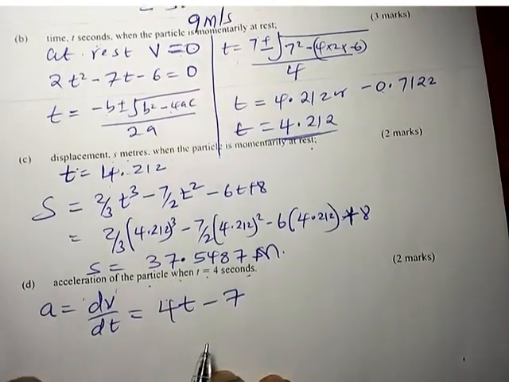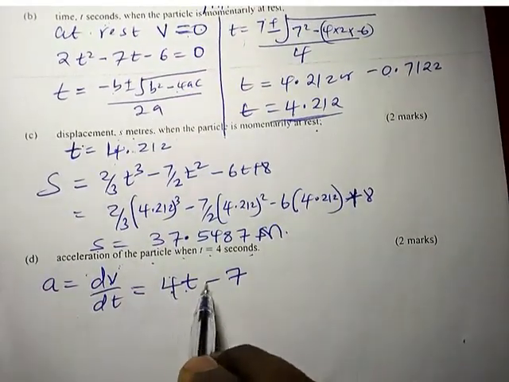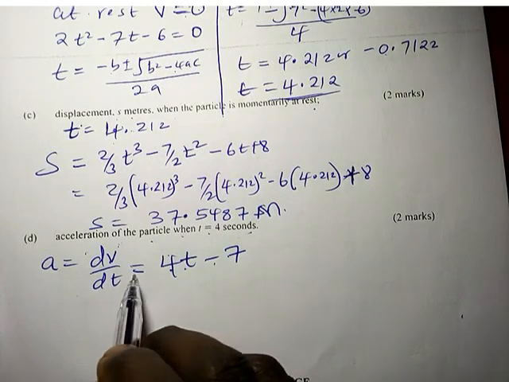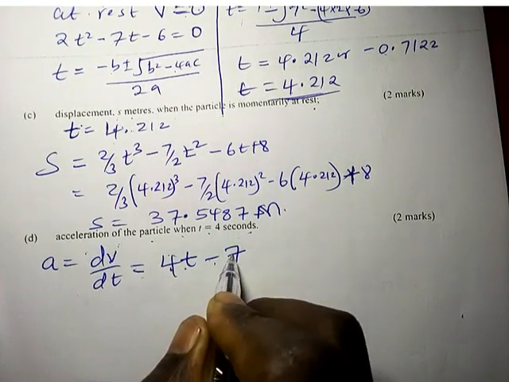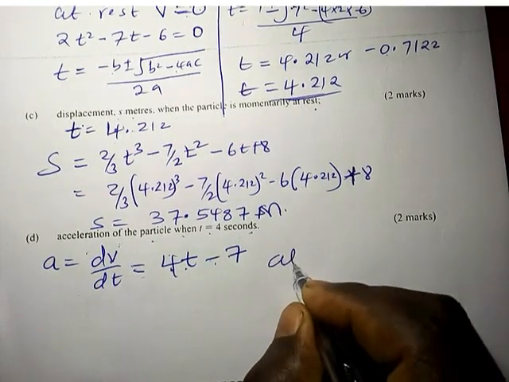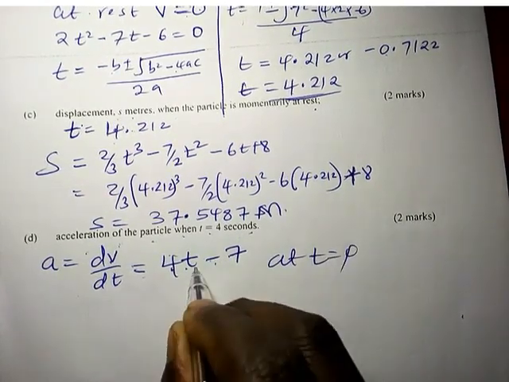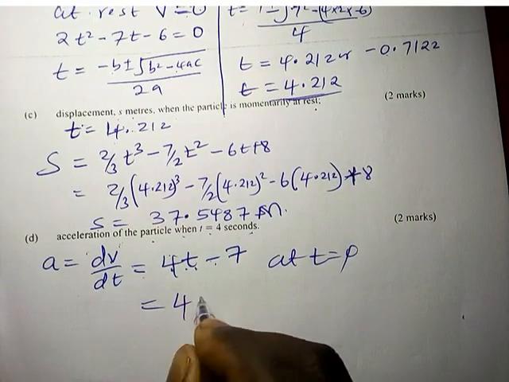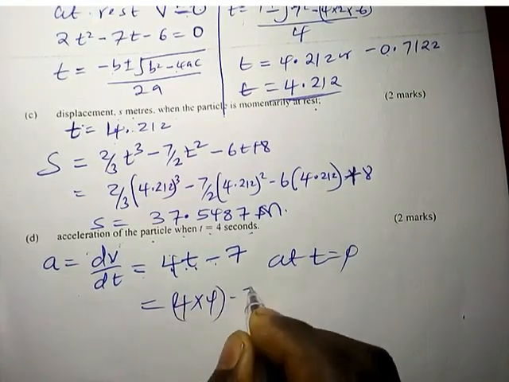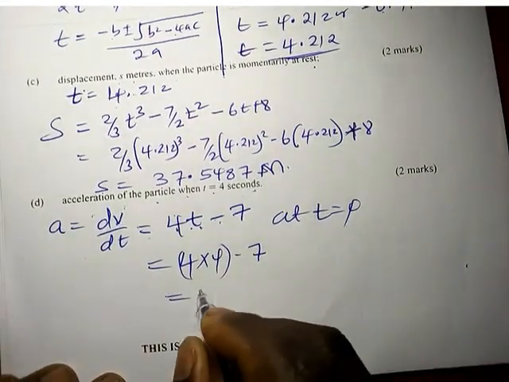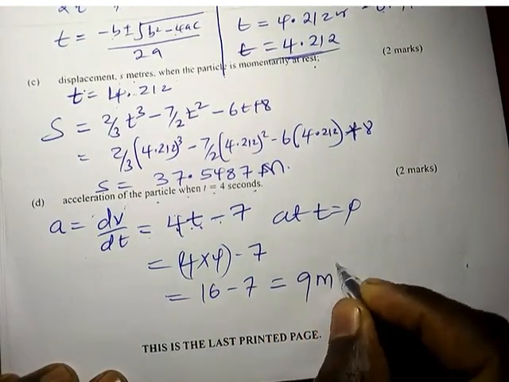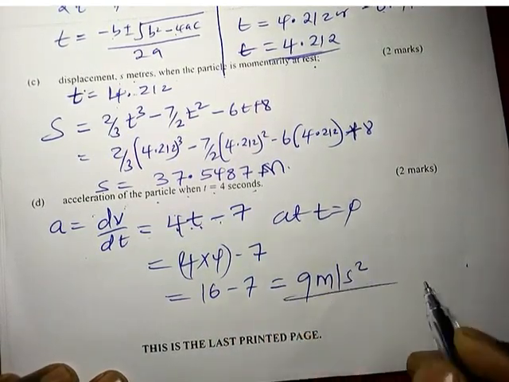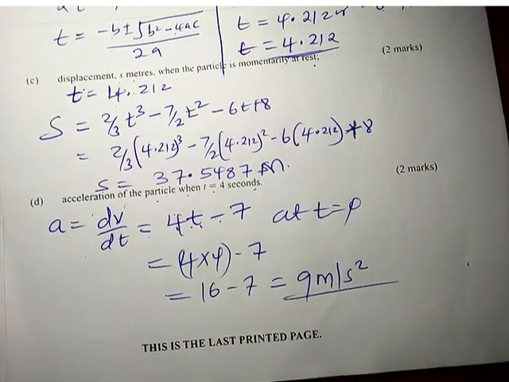So acceleration is going to be 4t minus 7. But at t equal to 4, now you substitute here. We are going to have 4 times 4 minus 7, that is 16 minus 7. That is 9 meters per second square, and that is the acceleration when time is equal to 4 seconds.